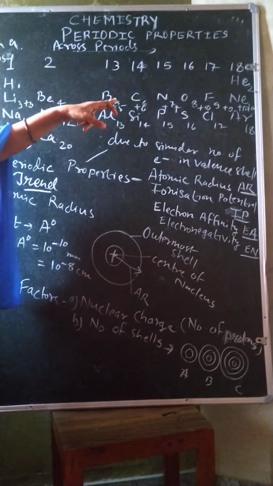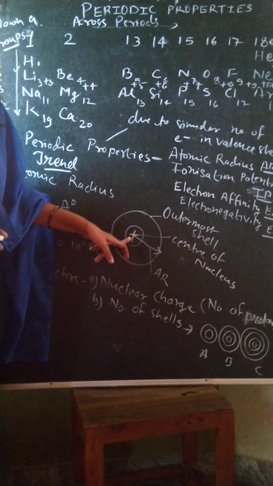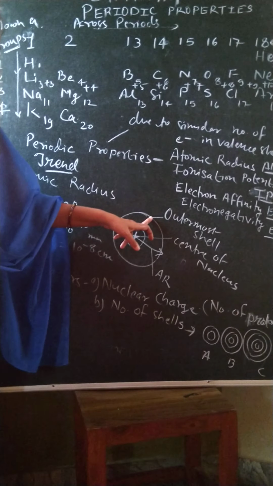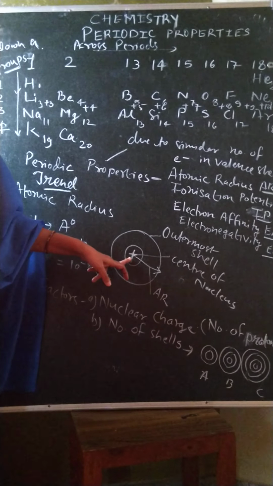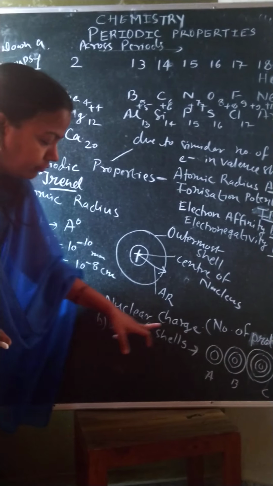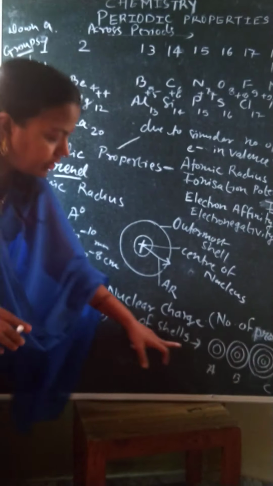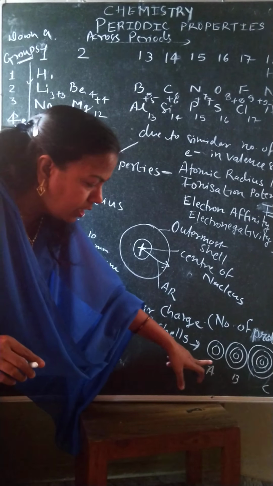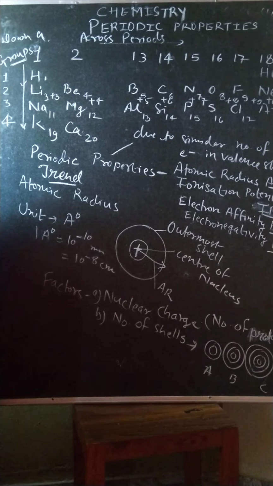So nuclear charge increases. If the nuclear charge increases, meaning the number of protons increases, then the nucleus will attract the outermost electrons towards itself more strongly and atomic radius decreases. So on increasing nuclear charge, atomic radius decreases. The effect of the number of shells is clear from the diagram. If the number of shells increases, then atomic radius increases.